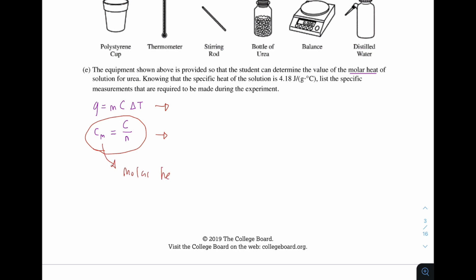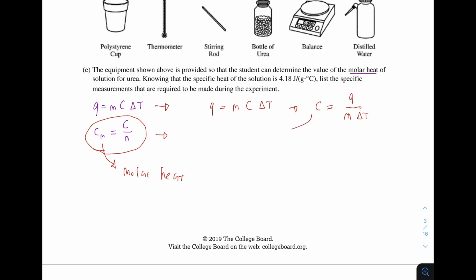So we can move around this equation. If we start with Q, which is heat, equals mass times the specific heat multiplied by the change in temperature, we can rearrange the variables so that the specific heat equals the heat divided by the mass divided by the change in temperature.